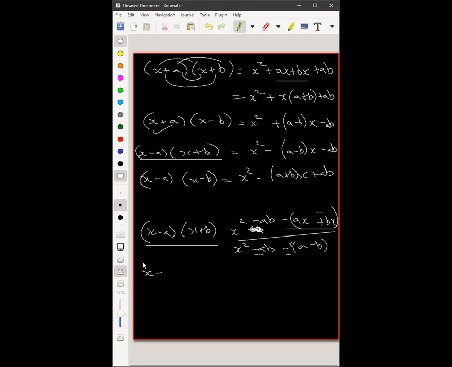So (x - a) into (x - b). First term into first term, what will we get? x squared. Second term into second term: minus a, minus b, plus ab. Combine the inners: minus ax and then minus xb, minus bx, right? Now these x terms we can combine.